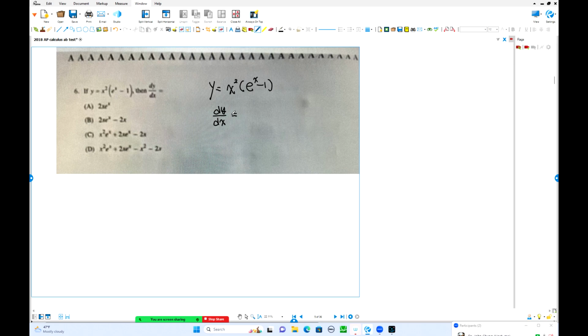The first derivative is 2x times the second one, e to the x minus 1. Don't touch the first one, take the derivative of the second one. The derivative of e to the x minus 1 is still e to the x. But we have many like terms: 2x e to the x, 2x e to the x minus 2x plus 2x e to the x.